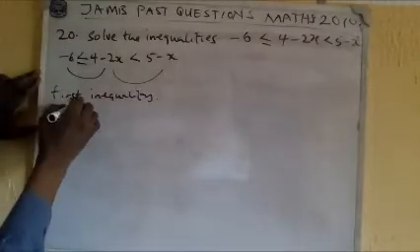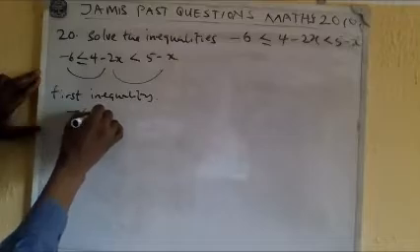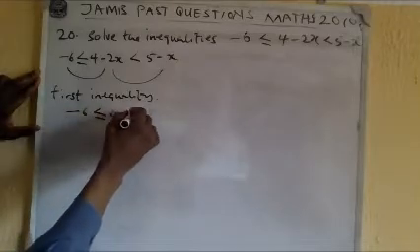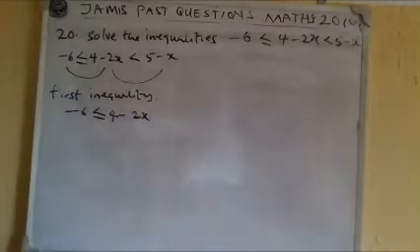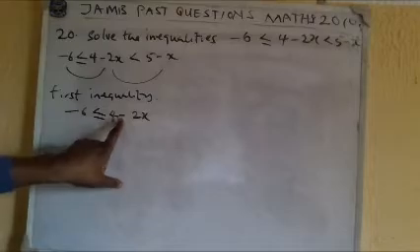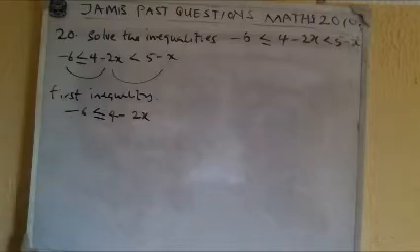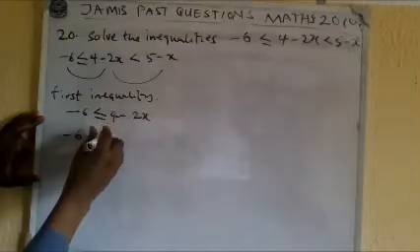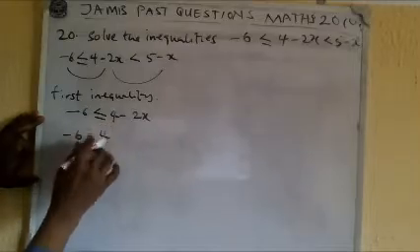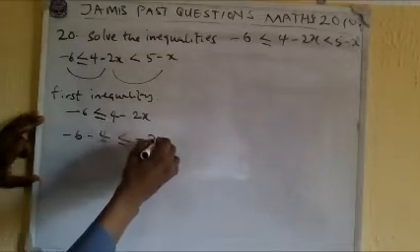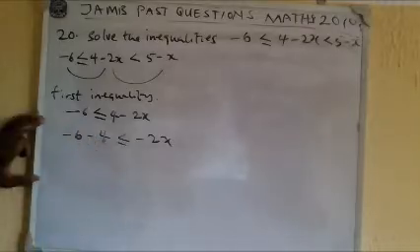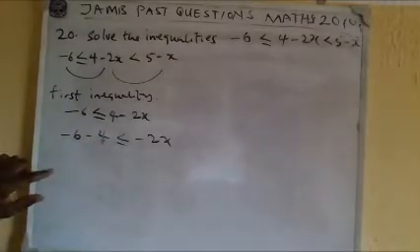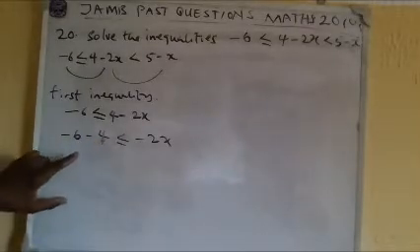So it is this one. I'm writing it out. Minus 6 less than or equal to 4 minus 2x. For this one, I will just quickly collect like terms. If 4 goes to this side, it becomes minus 6 minus 4, still less than or equal to minus 2x.